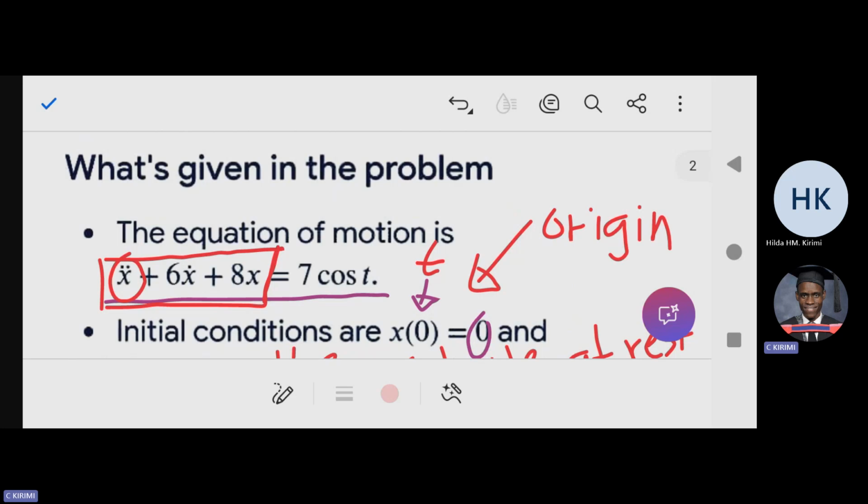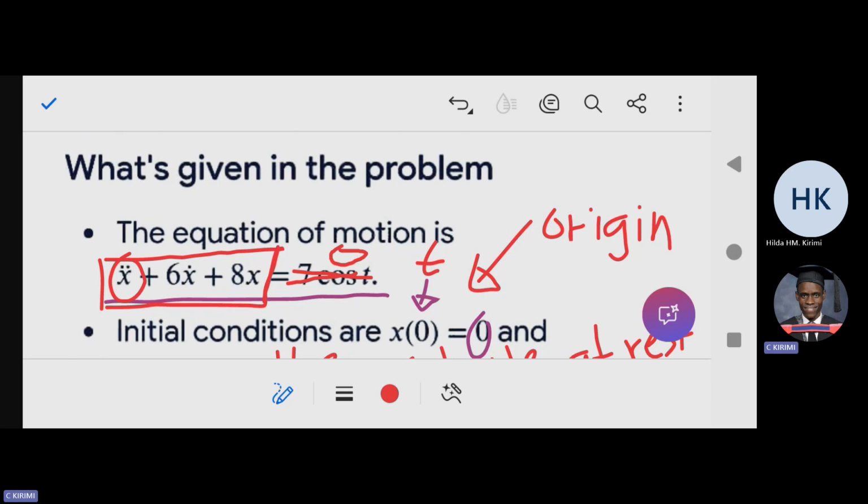So for the homogeneous equation, we only solve this left part, then we equate it to 0. Why are we equating to 0? Because that's how you solve a homogeneous part. You ignore the 7 cos t and put 0 in its place.